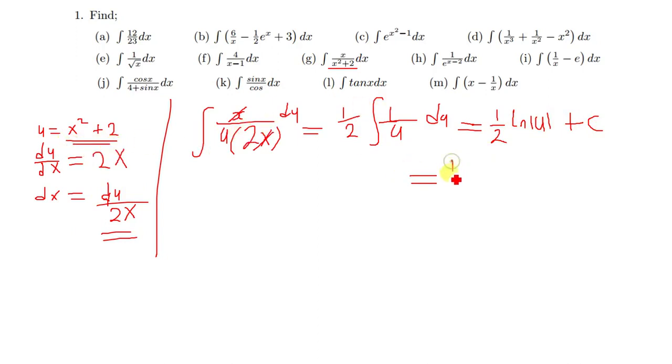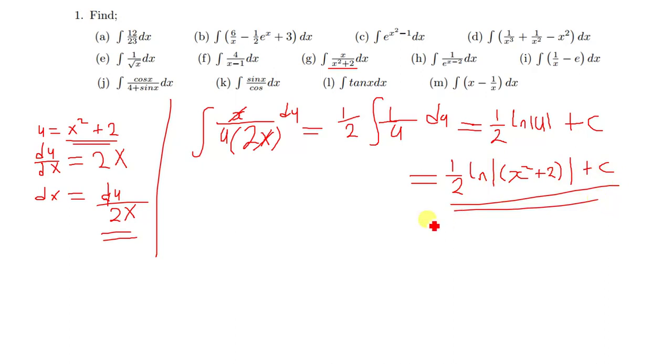The final solution will be 1 over 2 ln of the absolute value of x squared plus 2, then plus c. So this is your solution for G.